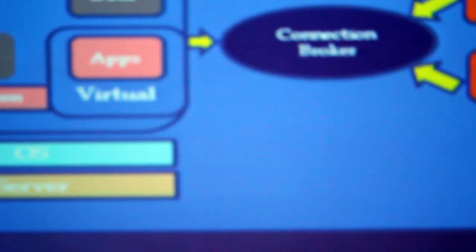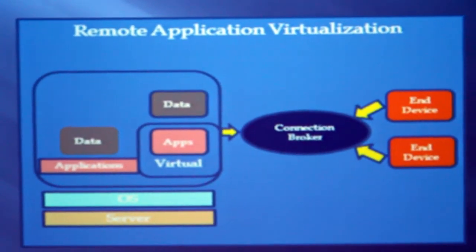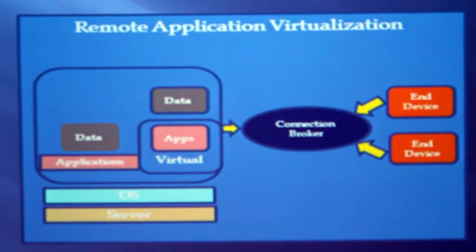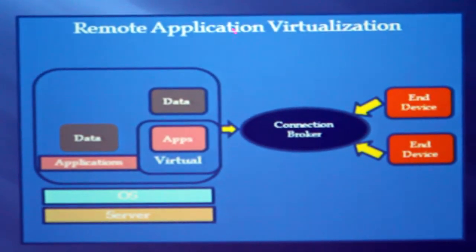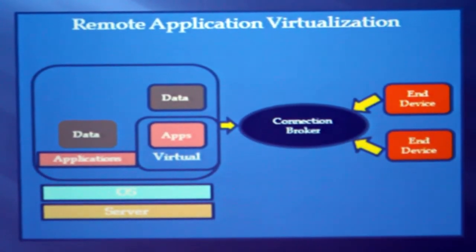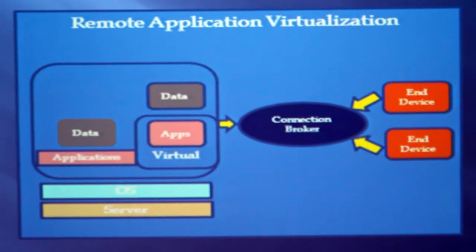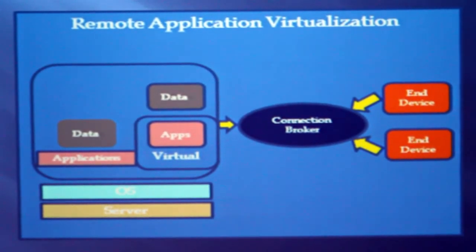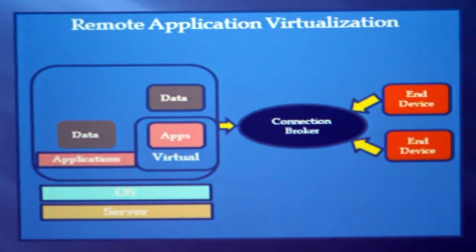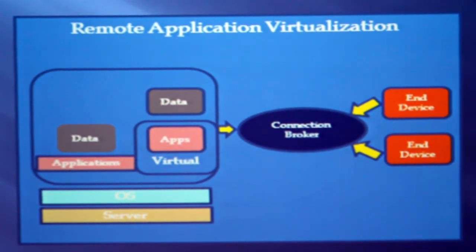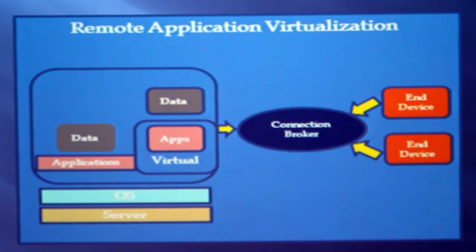There's the end device or the desktop, a server that has applications running on it, and those sessions are running on one single operating system. And then there's a connection broker that connects the client to the server, okay? So each of the clients that signs on to a connection uses the connection broker, they each have a session, so they have their own desktop, but they don't have their own operating system. Okay?